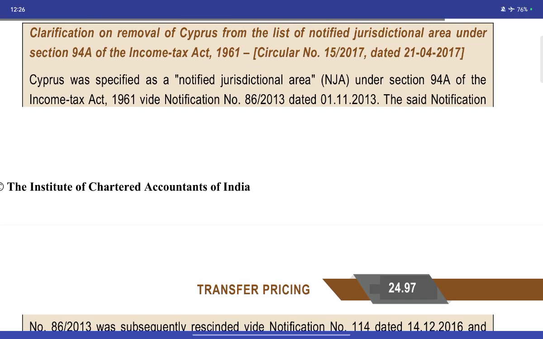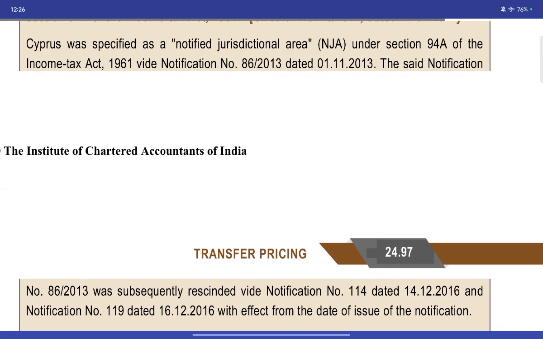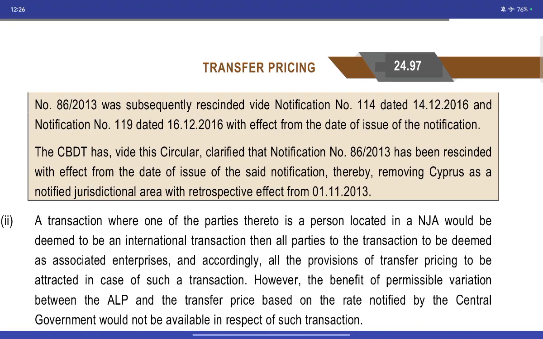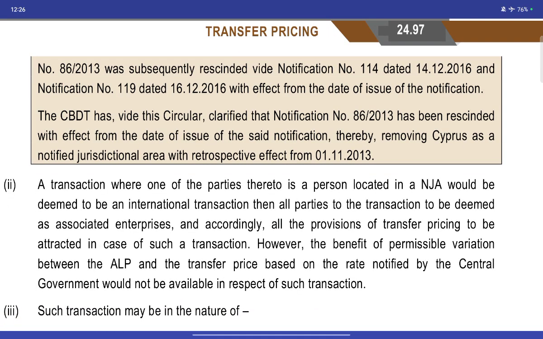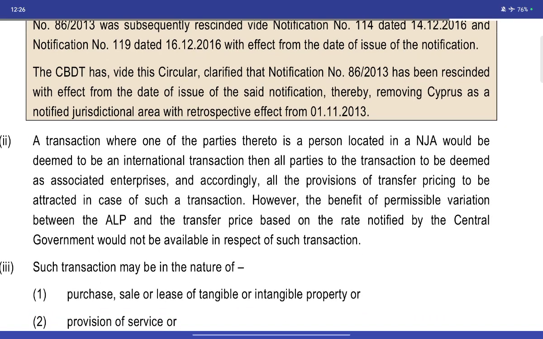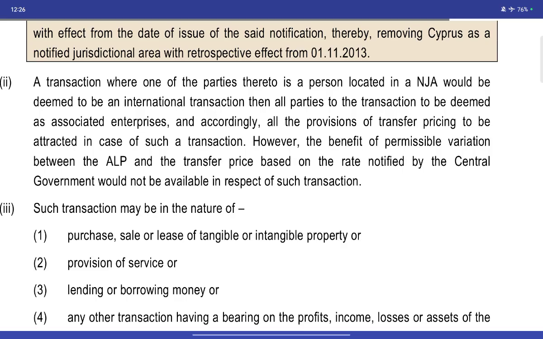Cyprus was specified as a notified jurisdictional area (NJA) under Section 94A of the Income Tax Act 1961, by Notification 86/2013 dated 1st November 2013, and the said notification has been subject to amendment by Notification 114 dated October 14, 2016 and Notification 119 dated 2016. The CBDT has issued a circular clarifying that the notification has been rescinded from the date of issue of such notification, thereby removing Cyprus as a notified jurisdictional area, with retrospective effect from 1st November 2016.